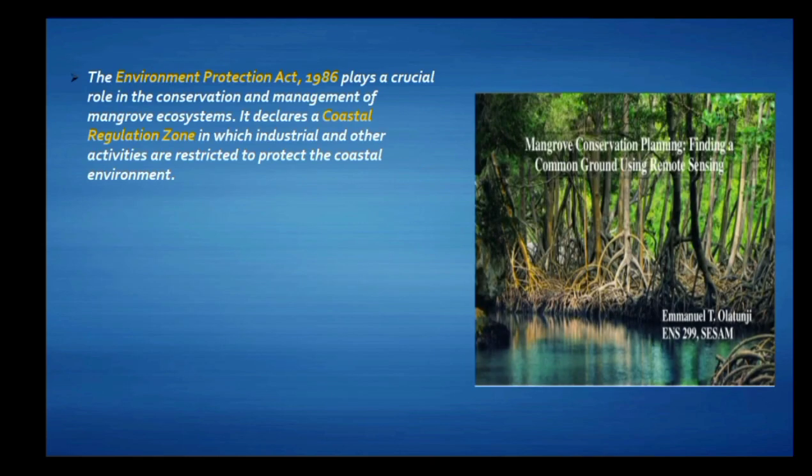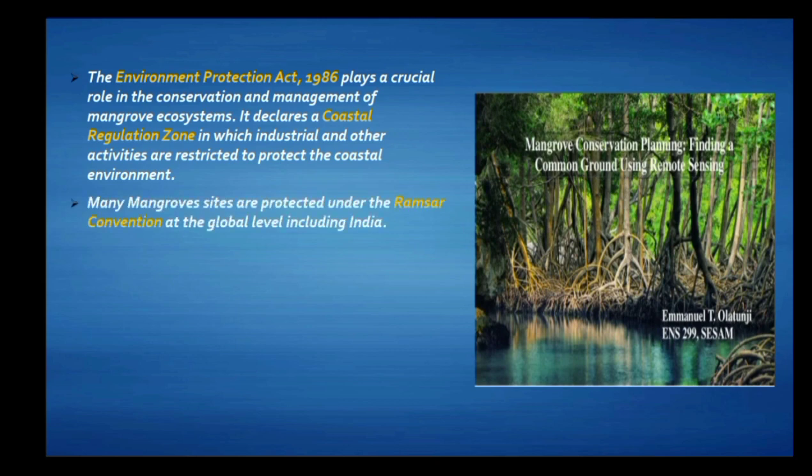The Environment Protection Act 1986 plays a crucial role in the conservation and management of mangrove ecosystem. It declares a coastal regulation zone in which industrial and other activities are restricted to protect the coastal environment.